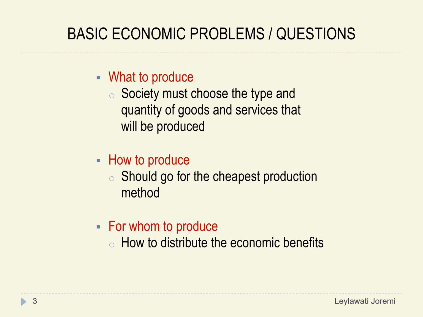Should I go to Pavilion? Should I go to KLCC? And should I charge higher prices? So, this is the basic economic problem in which we need to decide what we want to produce, whether we want to produce goods or provide services. Then, go for the cheapest production method. Finally, decide who our target consumer is.